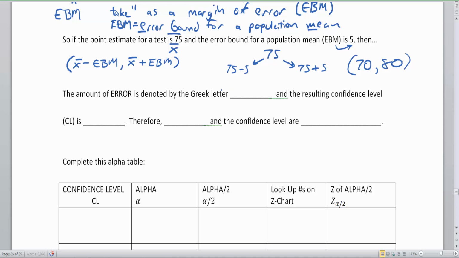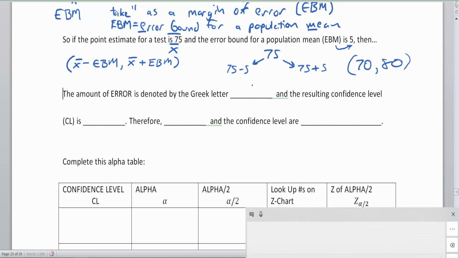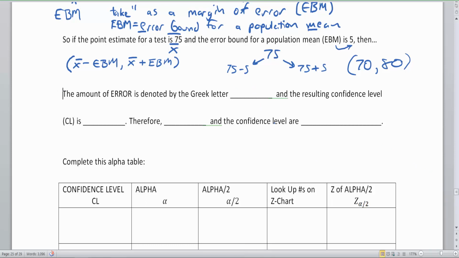So we're going to deal with the error. The error of a problem is denoted by the Greek letter alpha. And the Greek letter alpha looks like this. Okay? It's a little alpha. Now, sometimes people create this thing that looks like a fish, like ichthys. But we actually are going to create an alpha.